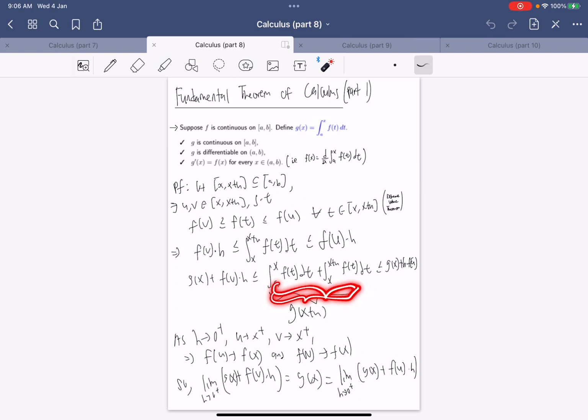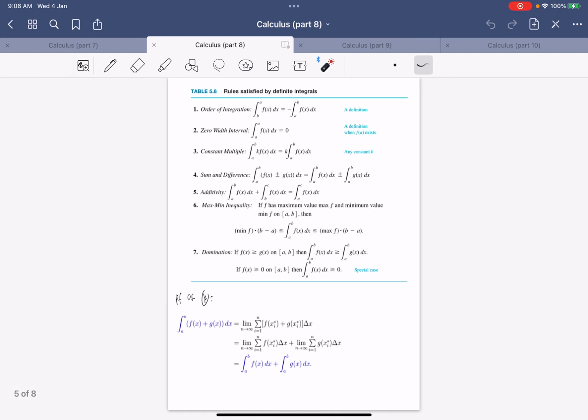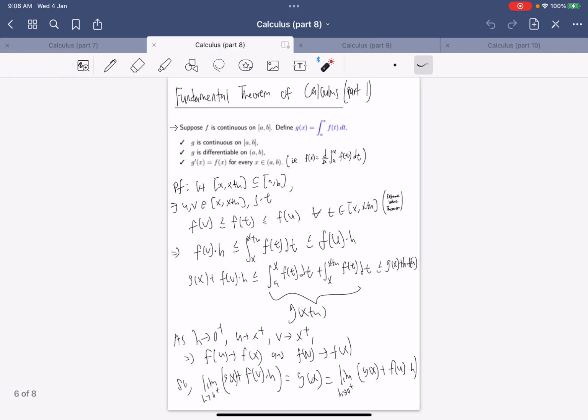And we know this, we apply the additive rule, it becomes g(x plus h), because now this point will be the integral of a to x plus h of f(t) dt. And so now we just take the limit as h approaches 0 from the right. All these will approach x as well, because the interval closes in.